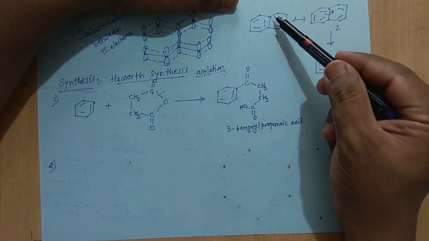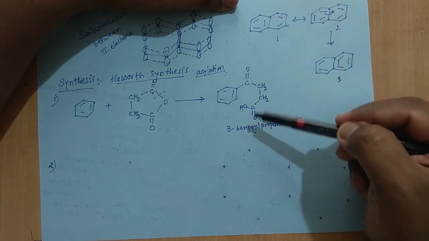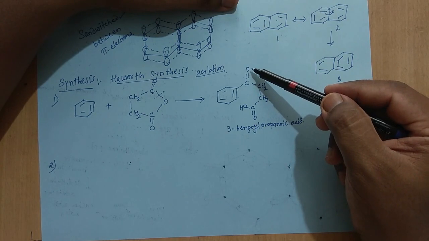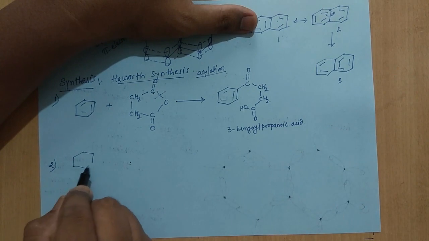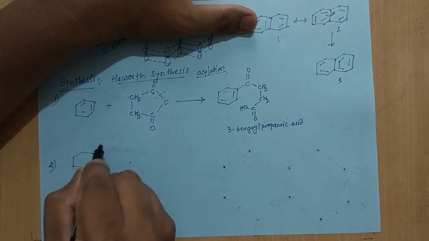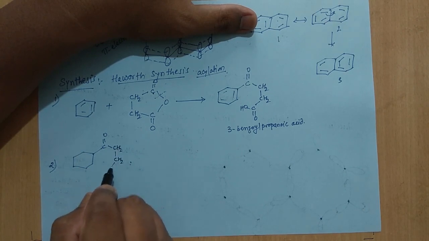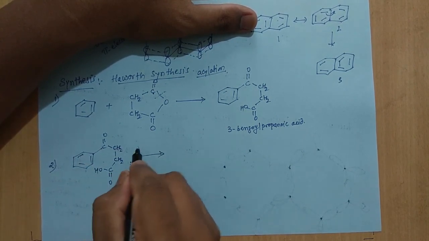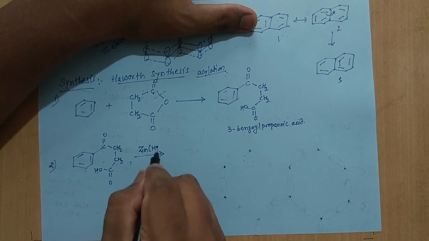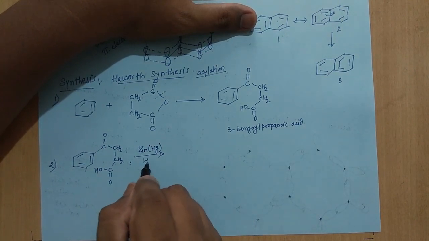Okay, now the second step. Now we have to just compare the structure. From this we have to prepare this. In this structure of naphthalene there are no double bonded oxygens. So that means we have to convert, or reduce, these double bonded oxygens. So the second step is called Clemmensen's reduction, where we are using amalgamated zinc, Zn-Hg, in the presence of HCl.